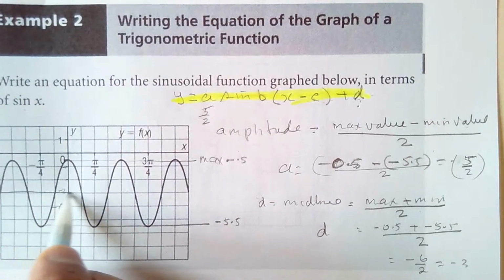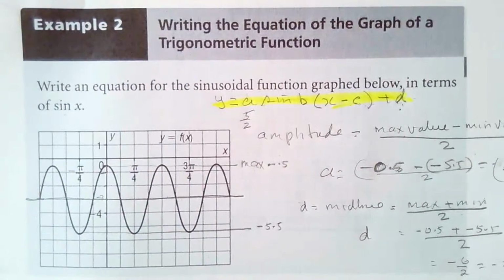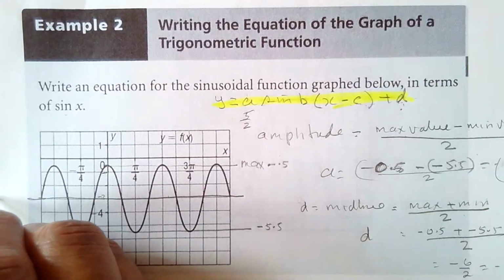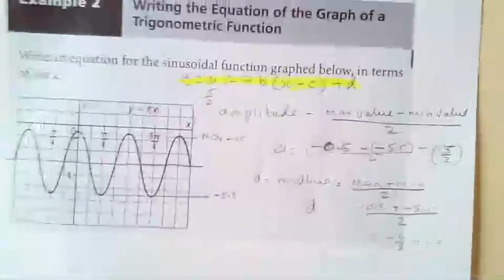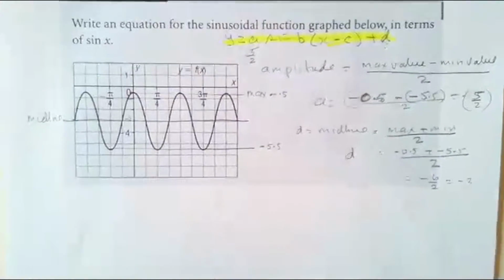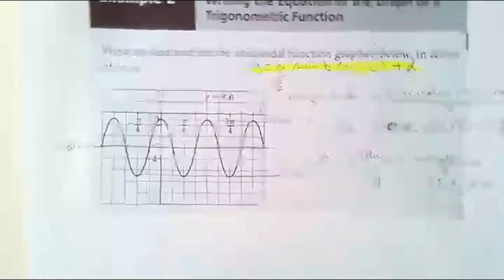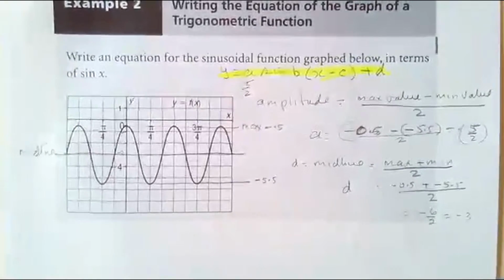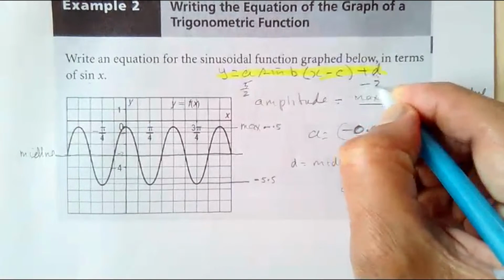This is our midline. Or center line. I think your textbook uses center line, but other textbooks use midline, which is the same thing. Now we got our D, which is negative 3.